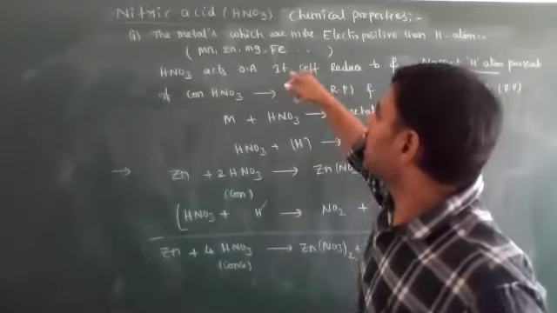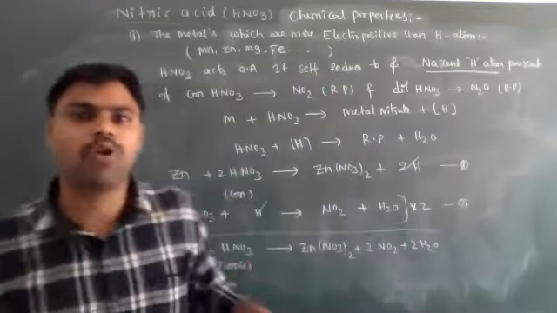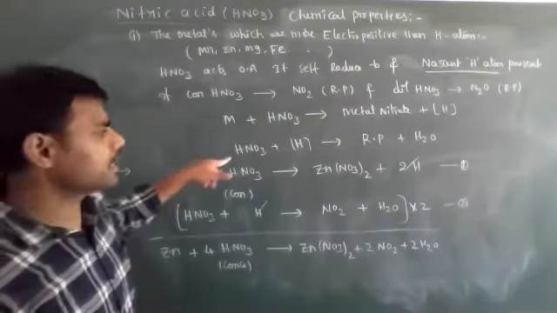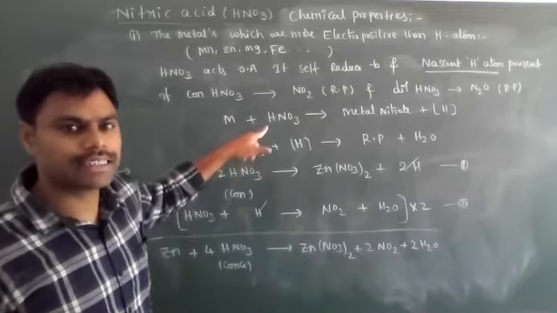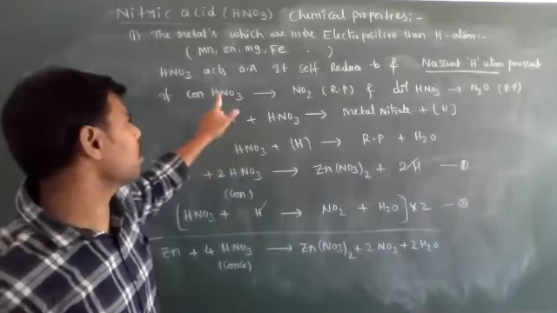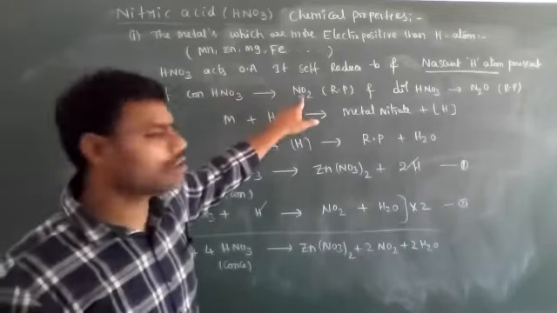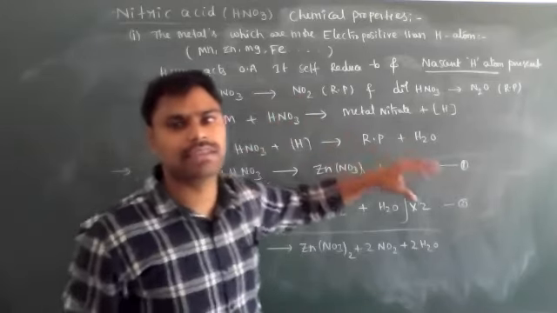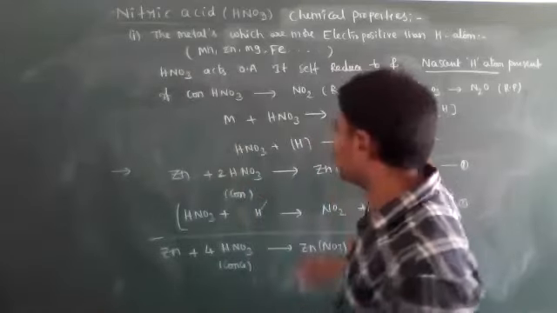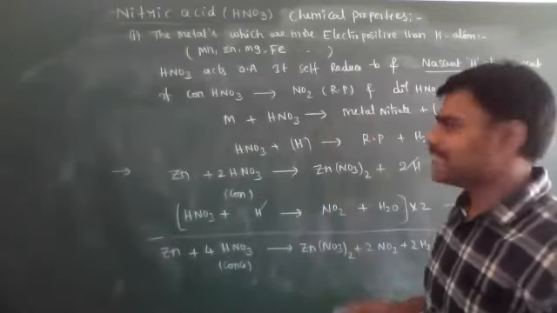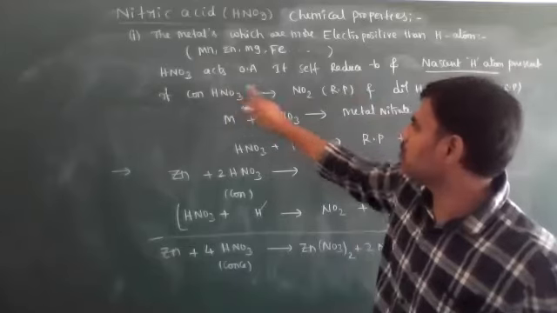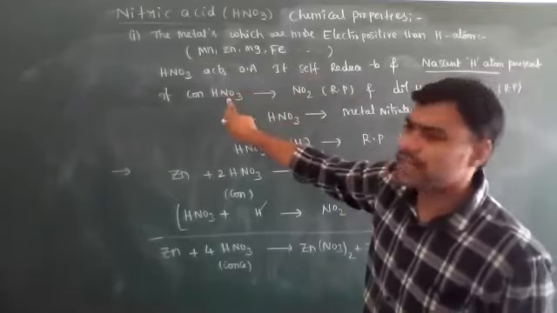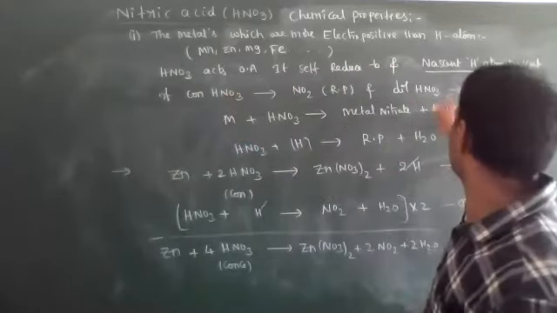Whenever the metals are more electropositive than hydrogen, they react with HNO3. With concentrated HNO3, it is converted into NO2, the reduction product, and nascent hydrogen atoms form in this reaction. That nascent hydrogen reduces HNO3 into NO2 in concentrated medium, and reduces dilute HNO3 into N2O.